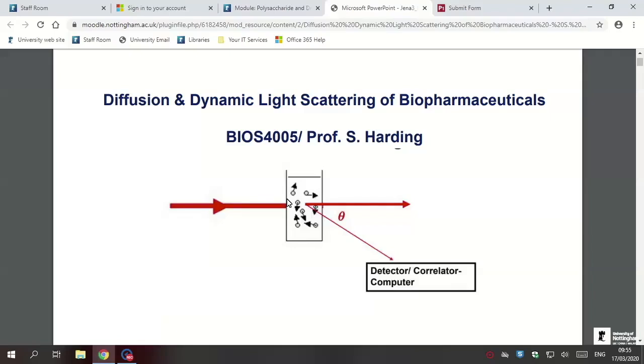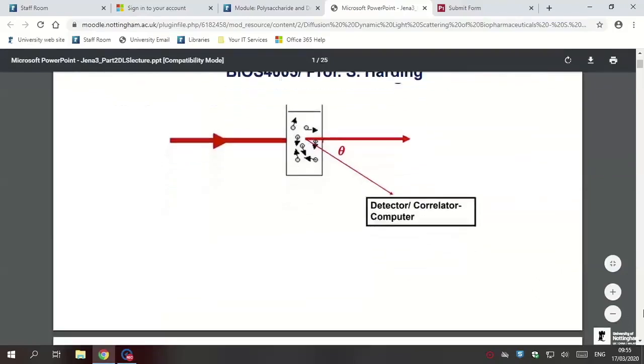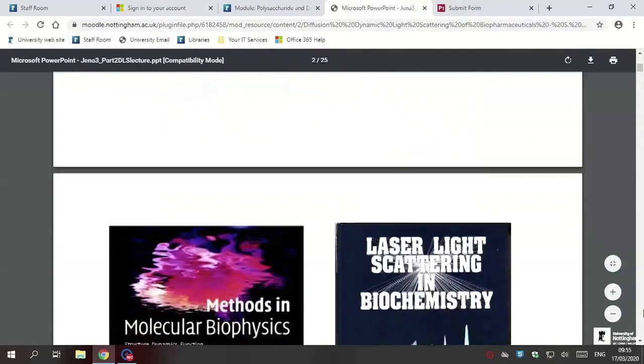So dynamic light scattering is, in a way, like the ultracentrifuge in terms of looking at the sizes and shapes of the molecules. I need a detector which can pick up these fluctuations in intensity.